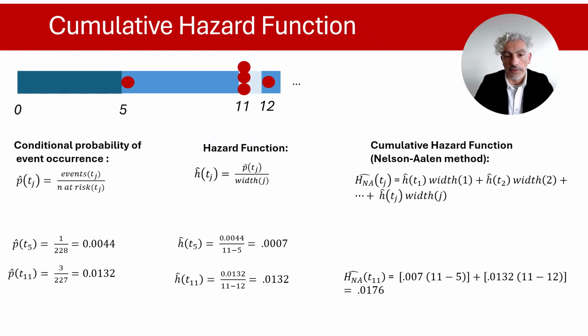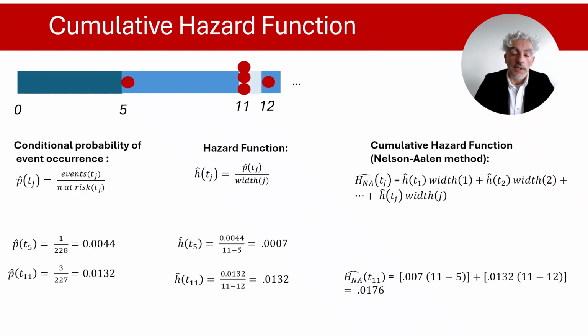And here, just to explain it in a more concrete way, I provide an example of how to calculate the cumulative hazard function using the Nelson-Aalen method. You can see the example on the right side of the slide.